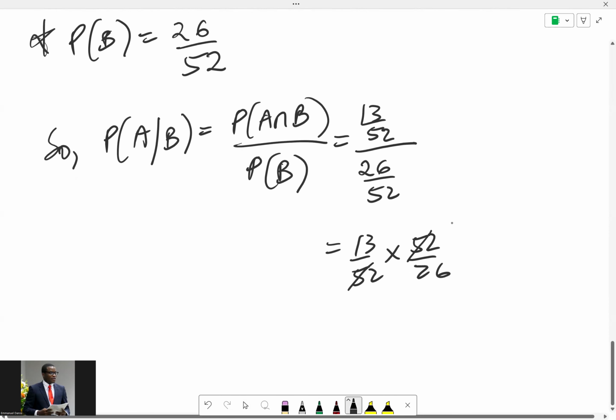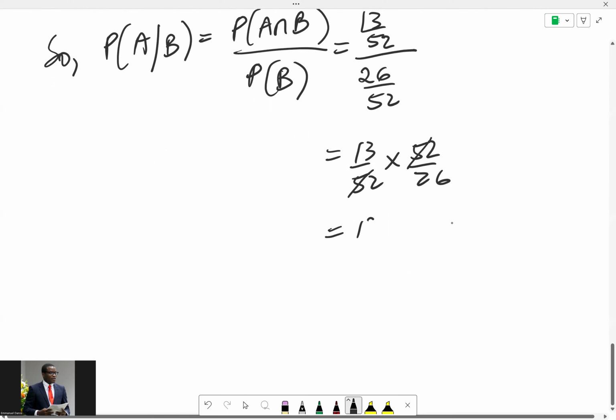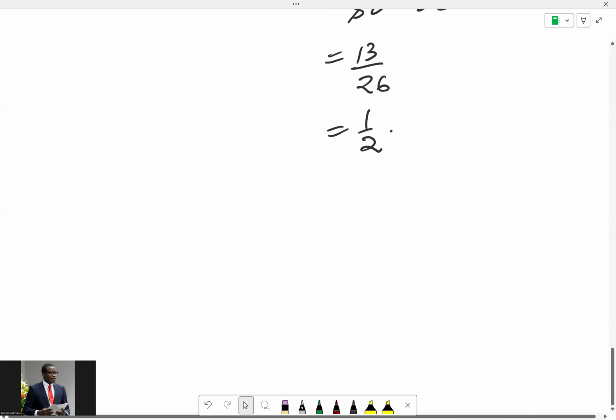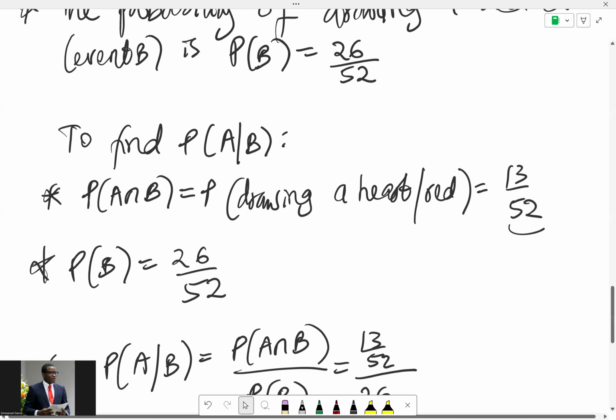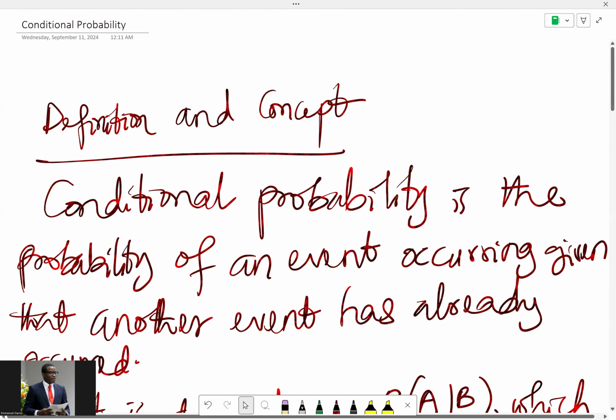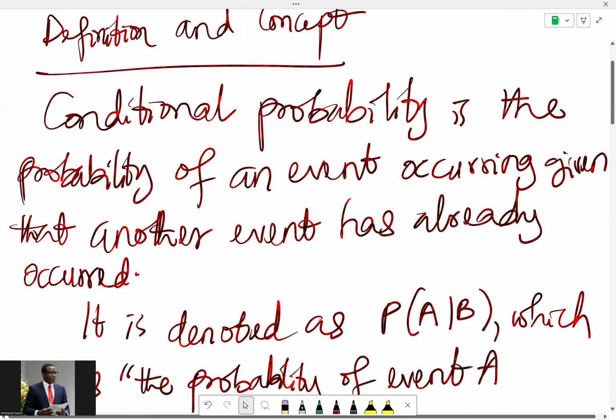So this is 13 over 26, or 1 over 2. So the probability of drawing a heart, given that a red card had been drawn, is 1 over 2. With that, we come to the definition and concept behind conditional probability.